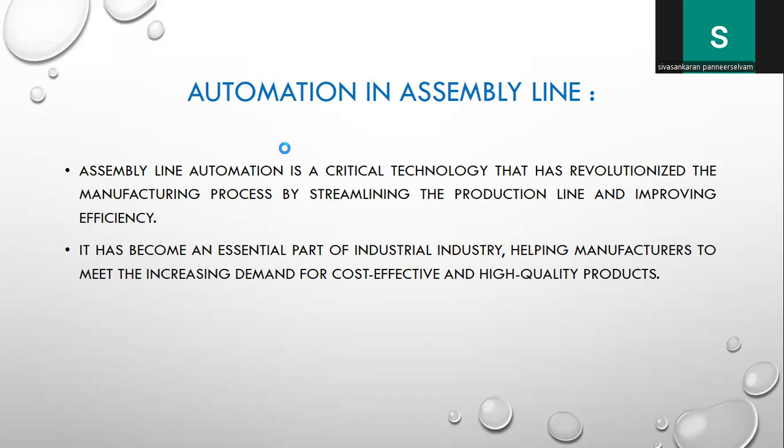So the computer automated assembly line has become a mandatory and essential thing that supports the manufacturer in meeting the demand for high quality products, with the cost effective option as a primary concern.